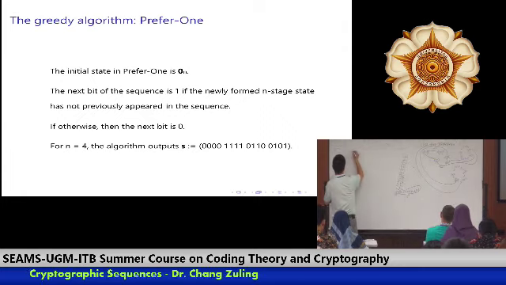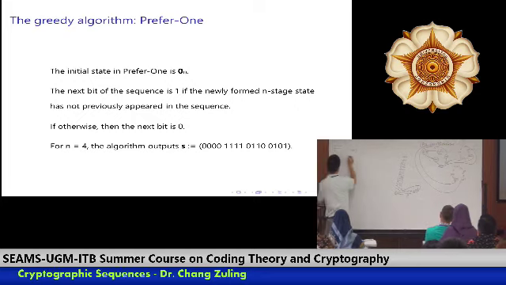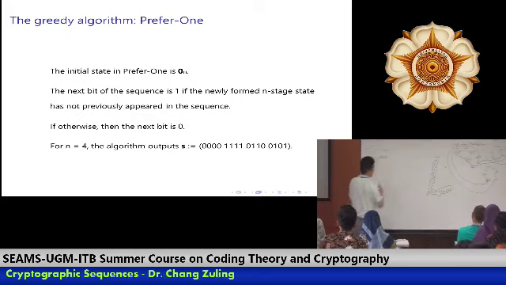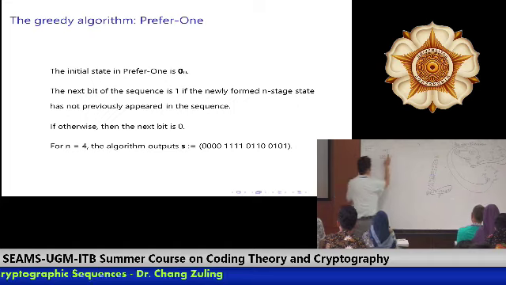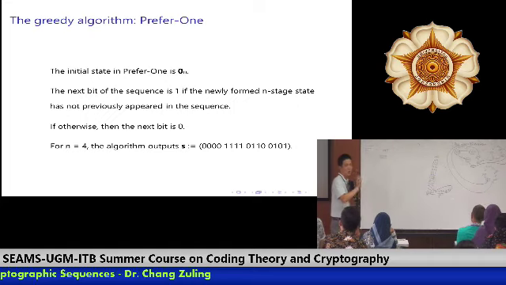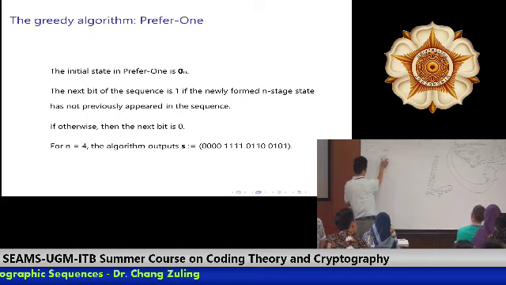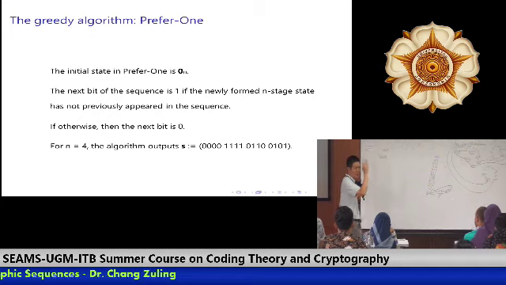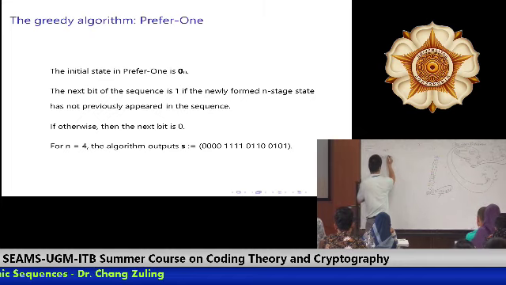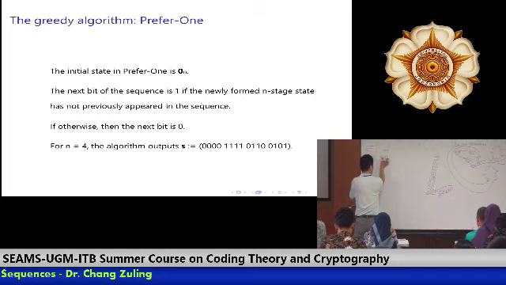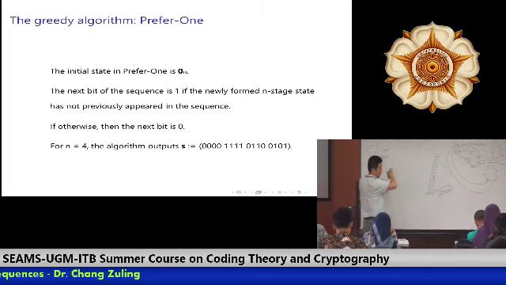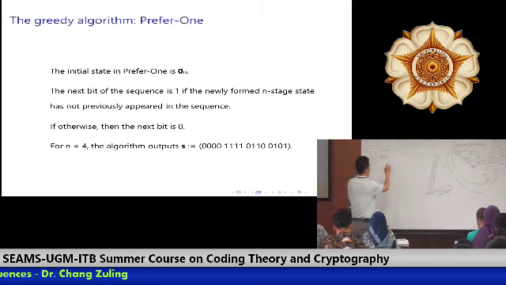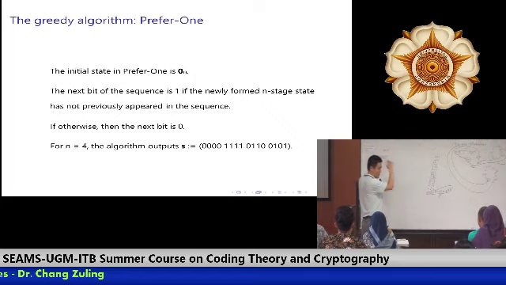Take n equal to 4, to be simple: 0, 0, 0, 0. It's the initial state. We add the next bit to see whether the new n-stage state has appeared. If not appeared, we just add 1. If it has appeared, add 0. Just this.